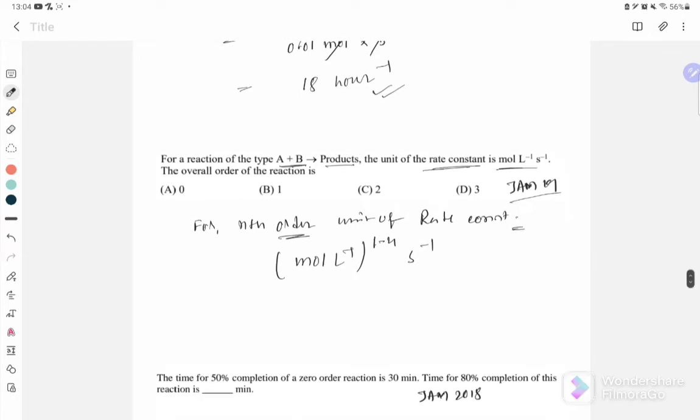We just need to relate with this one. The given one is mole liter inverse second inverse.